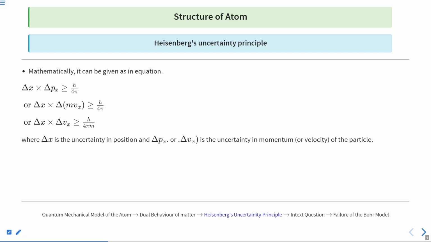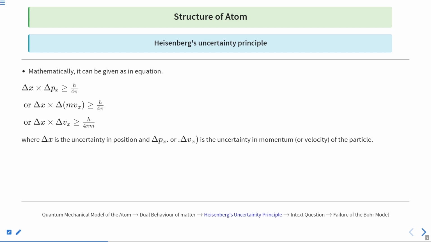So what does this mean here? Uncertainty means we are not able to determine properly the amount of error in the position and momentum.